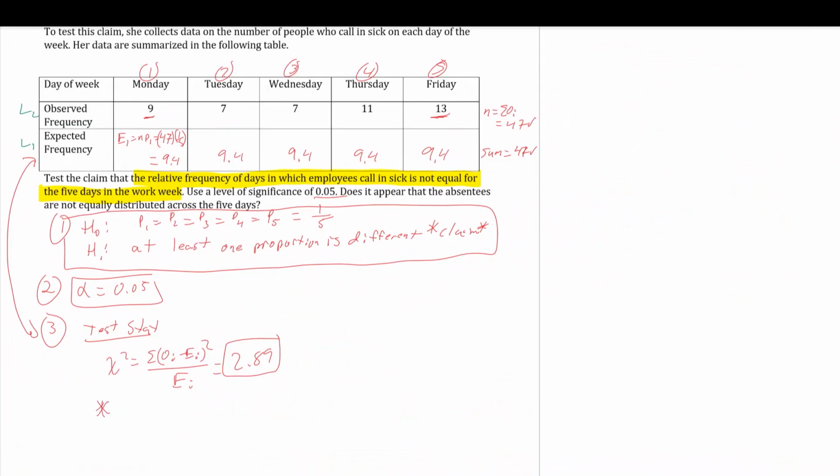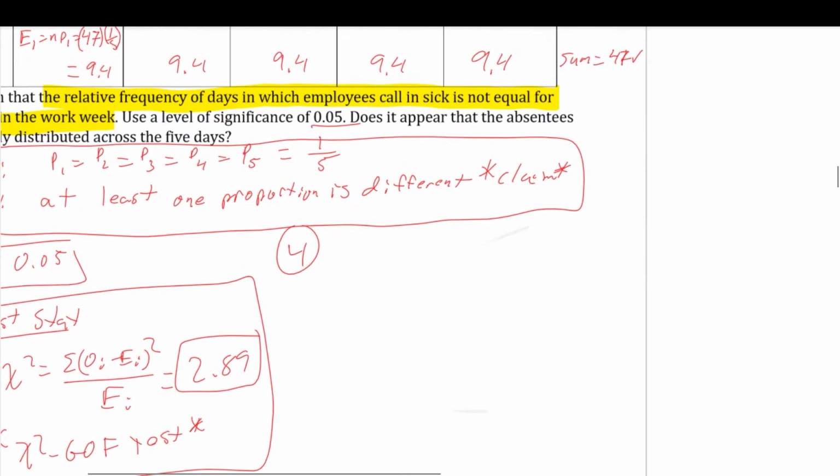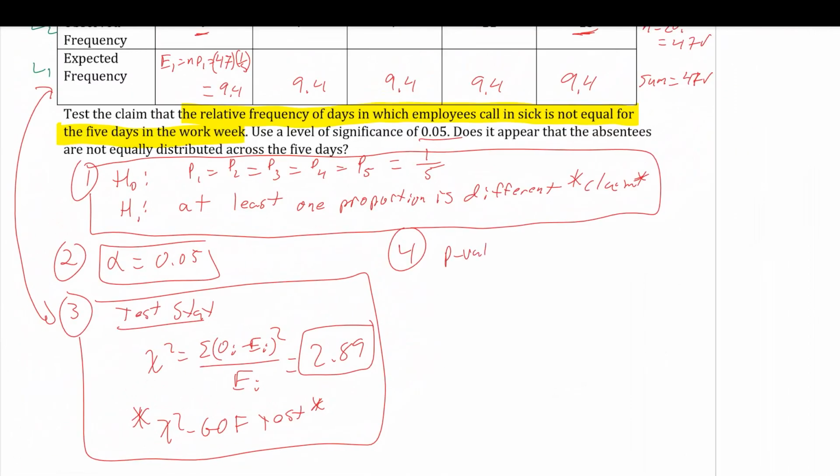Again, we use the Chi-squared GOF test. Step 4 is drawing a picture. We need a p-value from that output. If I'm rounding to 3 decimal places, it was 0.576. What kind of graph do I use?